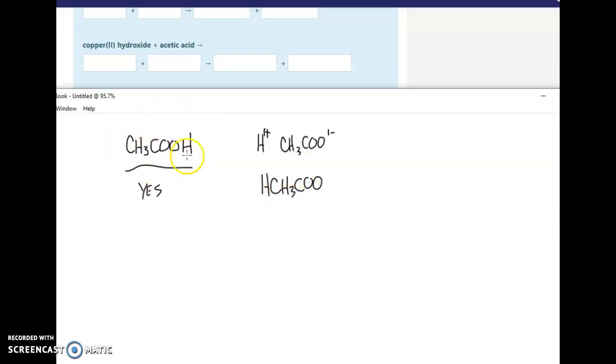If you're doing internet searches for your names, you're not going to get the same formula as the way we taught you to do it. So if you don't remember how to do it, refer to your notes. Look up past histories and how we've done things, and you'll be all right. So this is acetic acid. This is also acetic acid, but don't do it that way. Cool? Let's move on.